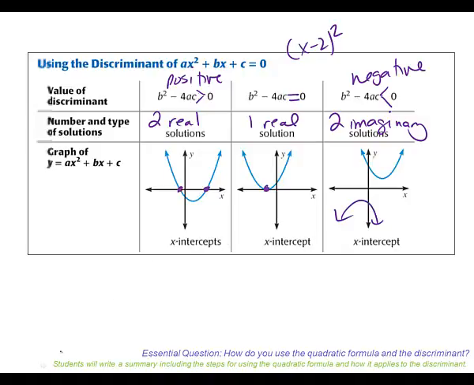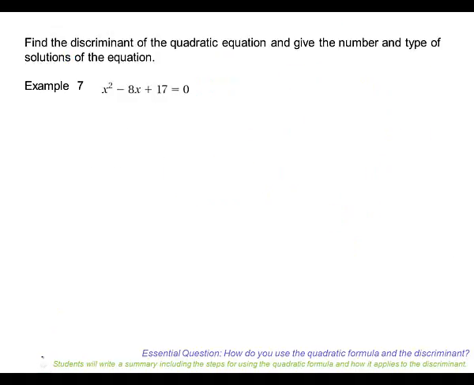It depends on what the leading coefficient is, if the leading coefficient's positive or negative, whether it opens up or opens down. We'll get more into that in a couple weeks, because we're not doing graphs yet.